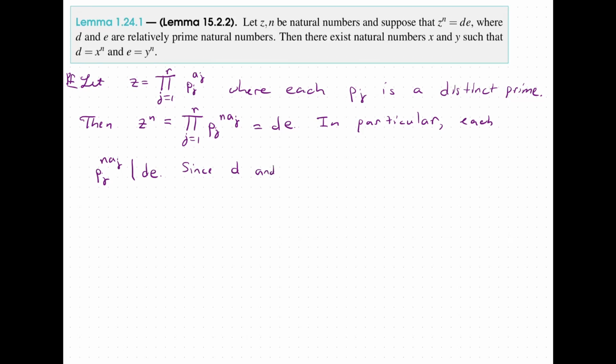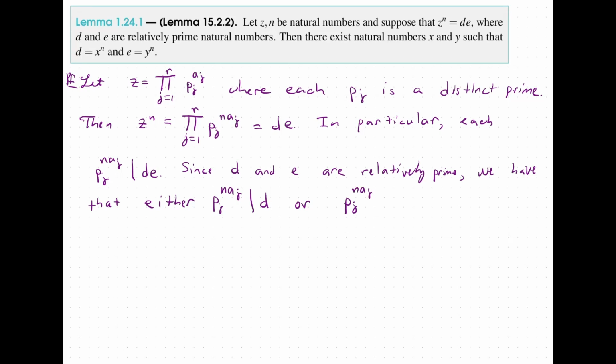Since d and e are relatively prime, we have that either p sub j to the n a sub j divides d, or p sub j to the n a sub j divides e. So these are the two possibilities we have.